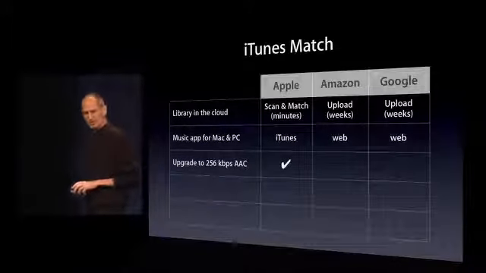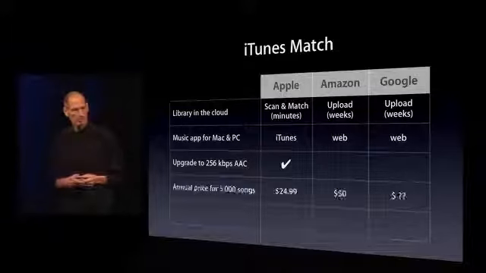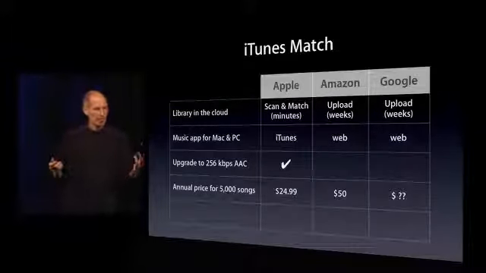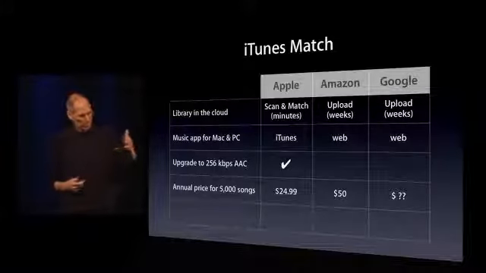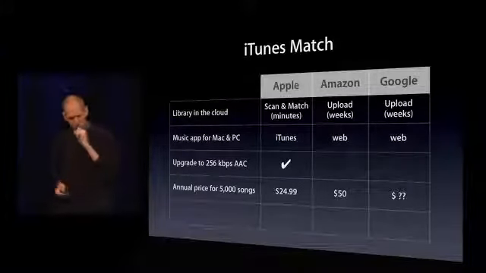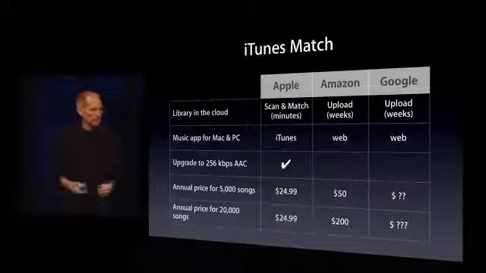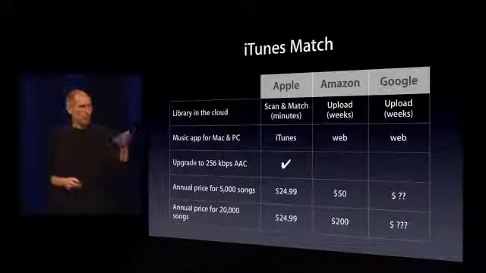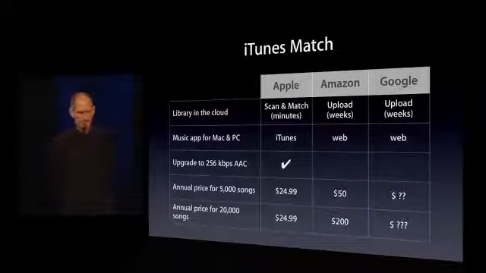Upgrade to 256 kilobits per second. The other guys aren't upgrading you at all. The annual price for 5,000 songs were $24.99. Amazon charges you $50 for the storage, and Google hasn't announced their pricing yet. Even at 20,000 songs, we charge one flat price. Amazon's up to $200 for the storage, and Google hasn't announced their pricing yet.